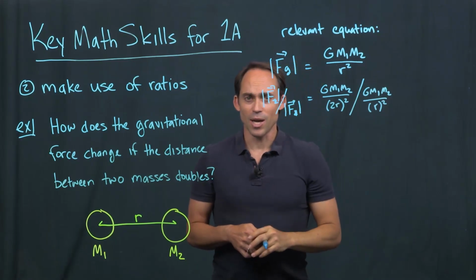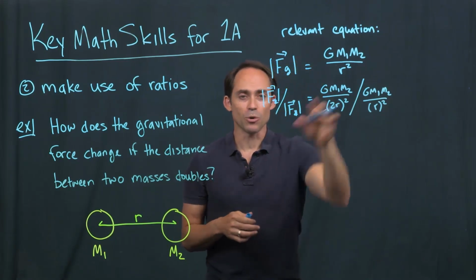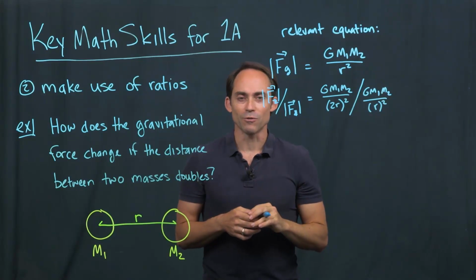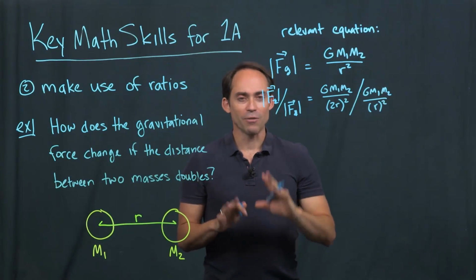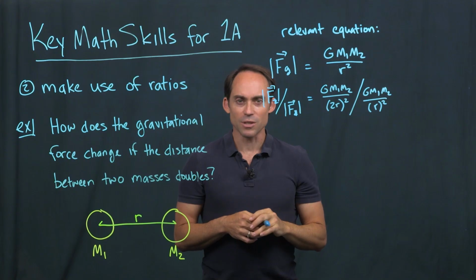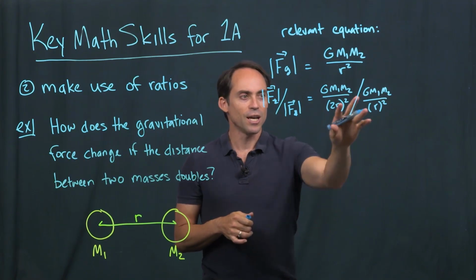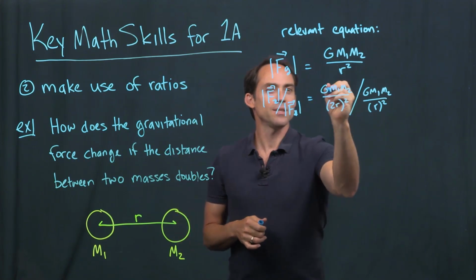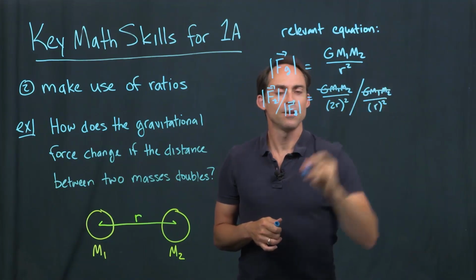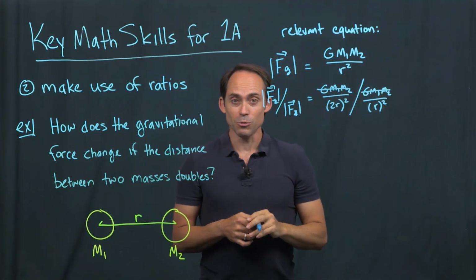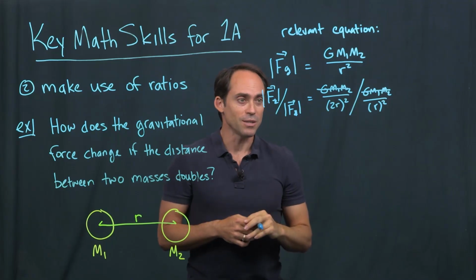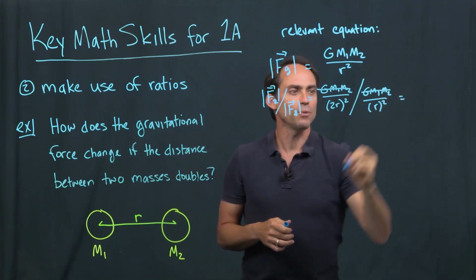Now again, I can just go ahead and calculate out these numbers and solve for all the different unit conversions and everything like that. But in fact, we have lots of common variables in here, so what I'm really interested in is how just one of those variables changes, and that's the distance. So I can simply cancel out our G m1 m2 products because they are the same in both cases. And I can just look at the ratio.